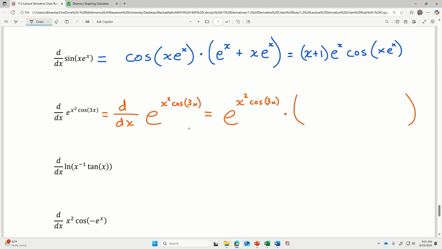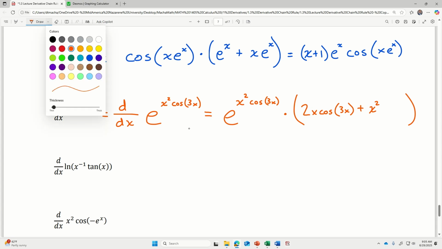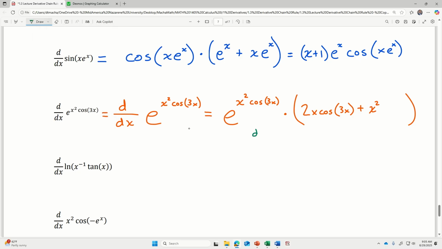So f prime g plus f g prime, I'm thinking 2x cosine 3x plus x squared, and then what is the derivative of cosine 3x? Okay, you're close, but let's think about this a little aside.